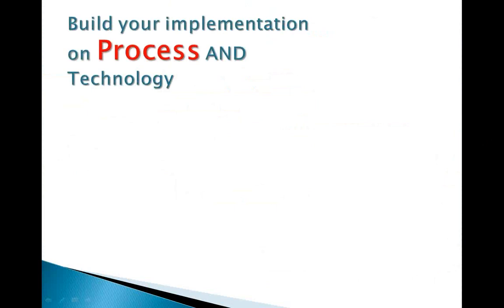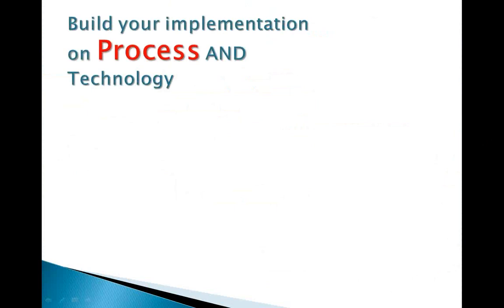Building your implementation, it's important to look at your process as well as the technology. It's not just enough to have the software. A lot of our clients have software on the shelf, but they've never really put together the process to make that software deliver what they expected when they purchased it. We work in a culture where technology is changing so fast.